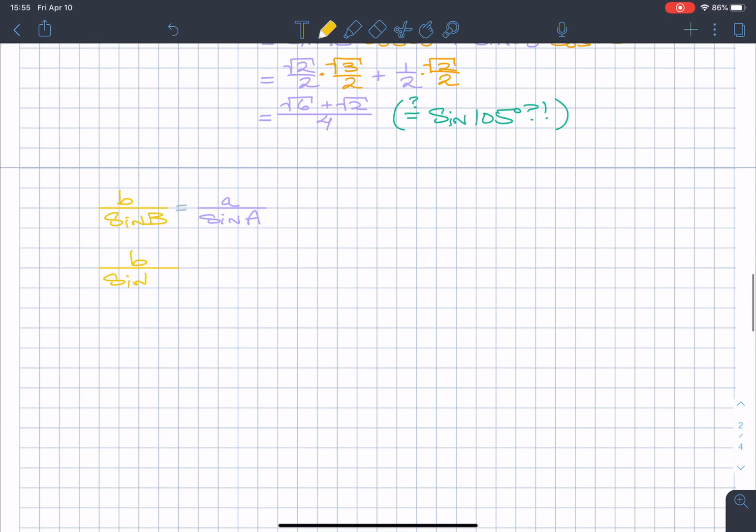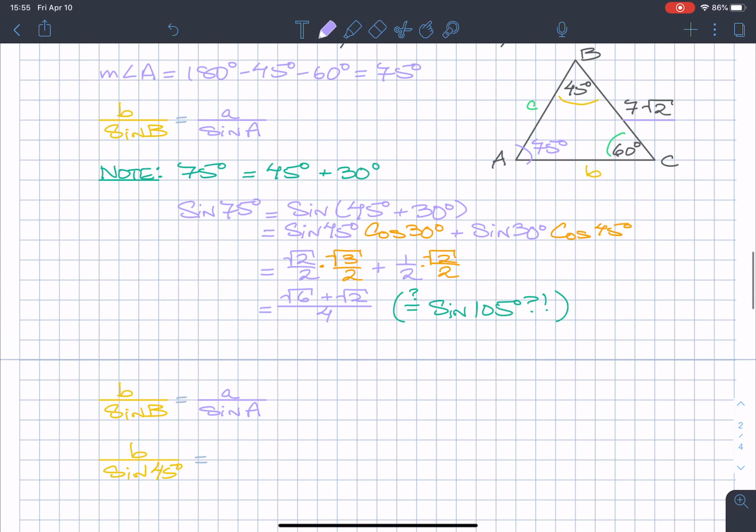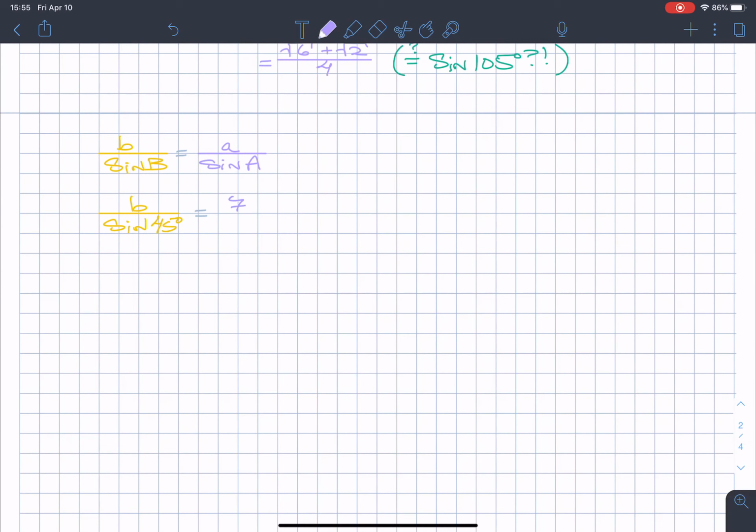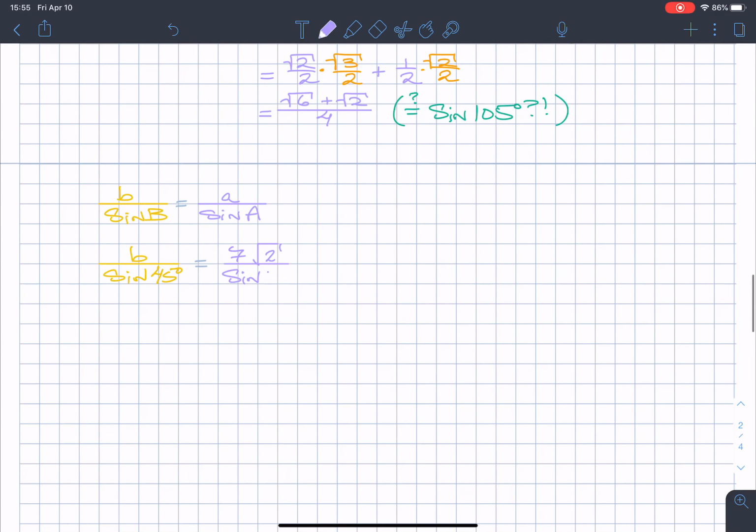It was 45 degrees, so sine of 45 degrees is equal to little side A, which was given as 7 root 2, divided by sine of angle A, and of course angle A was 75 degrees.